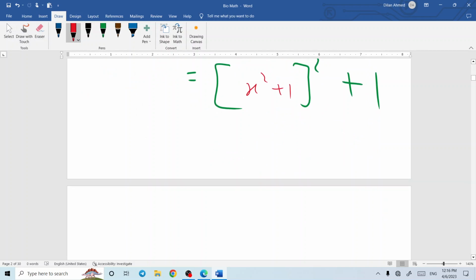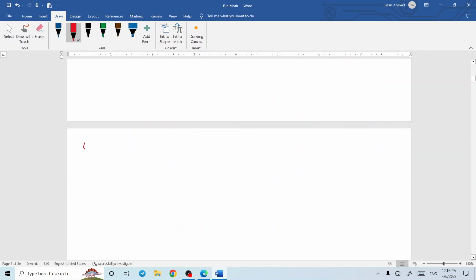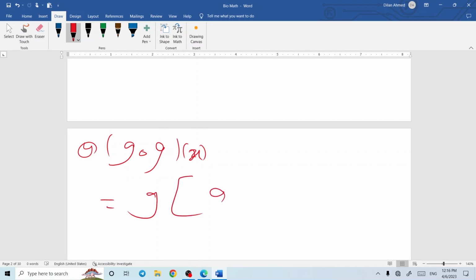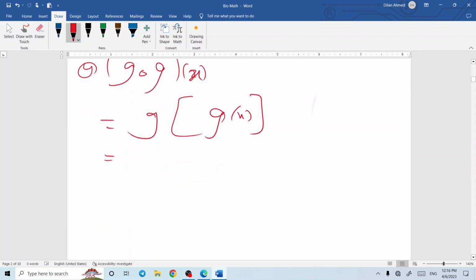How about the fourth question? I say g circle g of x. Or maybe I say g circle g at 2. I select the number for you. So let me give you the clue for the general case. Then you can answer all of this. We say g of g of x, right? The first g, it was what?